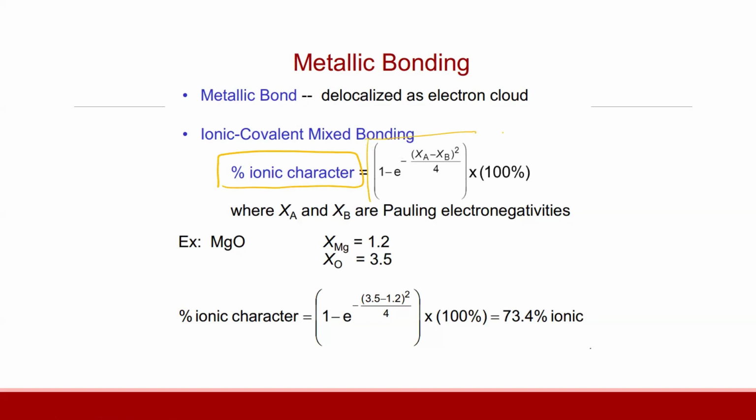You don't need to remember equations, equations will be given to you. E is the exponent in the calculator, that E. XA and XB are the Pauling electronegativities. If you know the electronegativities of two elements, you can put them in the equation and find out the percentage ionic character. If it is high, the bond type is mostly ionic.